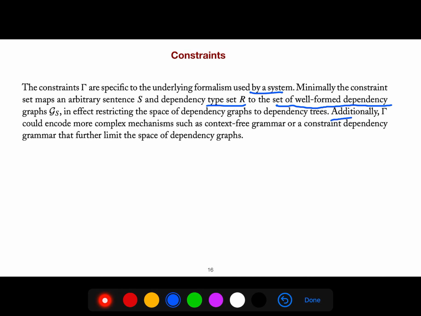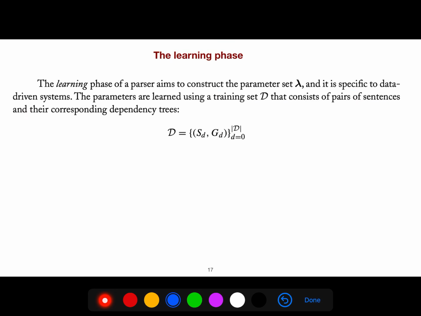And this is important. Additionally, gamma could encode more complex mechanisms, such as context-free grammar or constrained dependency grammar, that further limit the space of dependency graphs. In each paradigm, such as transition-based, graph-based, grammar-based, what we mean by constraint is different.